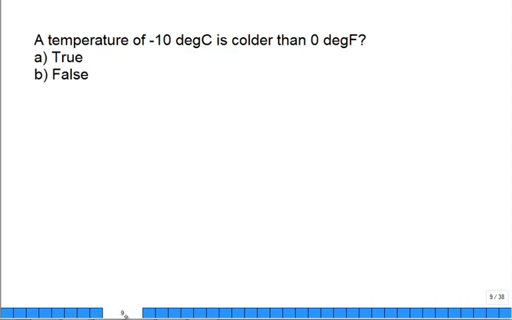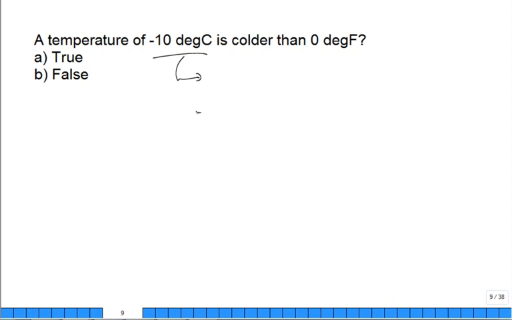A temperature of negative 10 degrees C is colder than 0 F. I only give you 30 seconds. What you could do is take this temperature and convert it to degrees F. How do you convert negative 10 degrees C to the Fahrenheit scale?